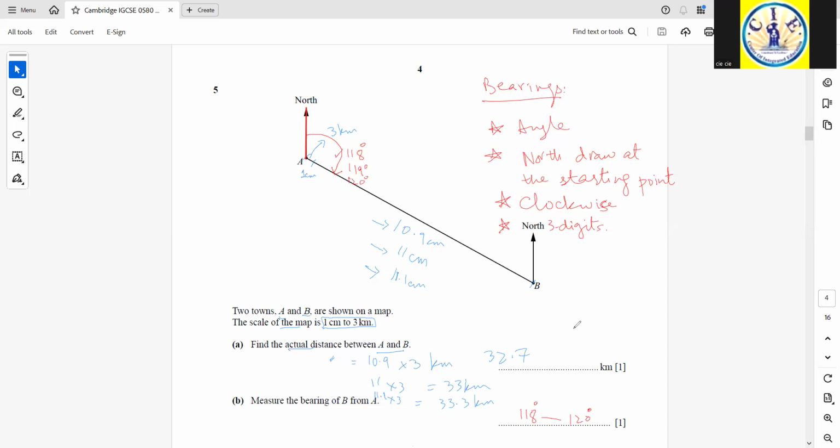Okay, in this case normally as you can see that the answer is already in 3 digits, so that's what was required.